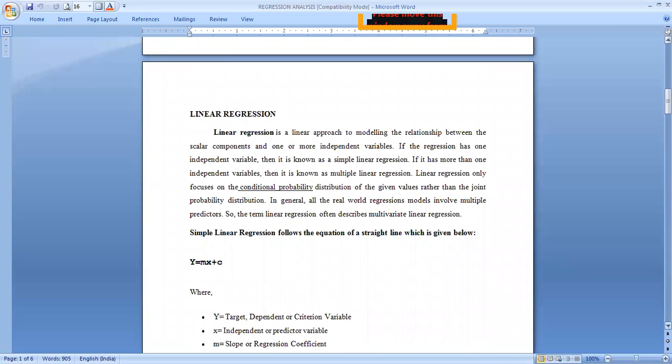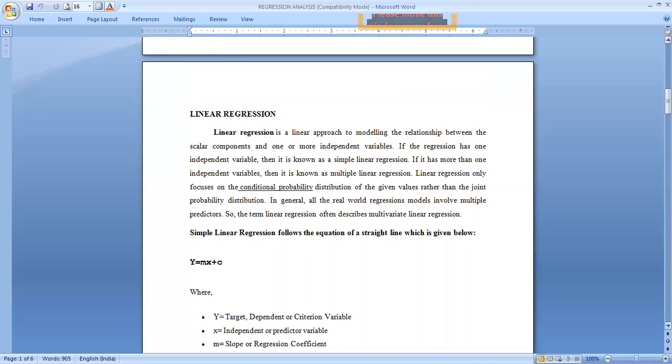Now next we discuss linear regression. Linear regression is a linear approach to modeling the relationship between the scalar components and one or more independent variables. So it means linear regression is an approach which is linear in nature, modeling the relationship between the scalar components and one or more independent variables.